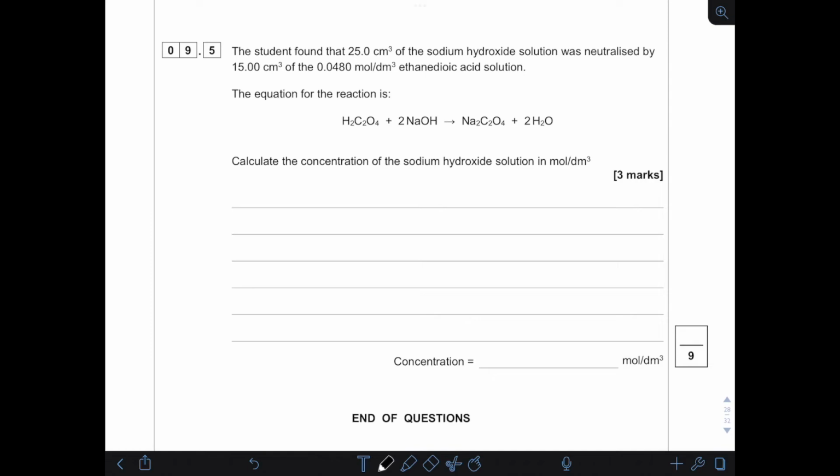So we want to find how many mole of that we've used initially, which is 15 cm cubed of 0.048 mole per dm cubed, and I know that 15 cm cubed is 0.015 dm cubed, and that times the concentration gives me the mole.